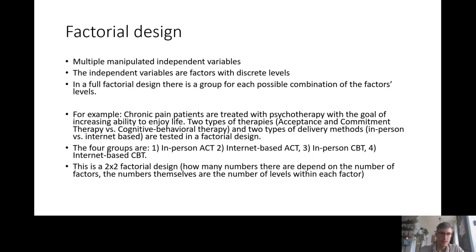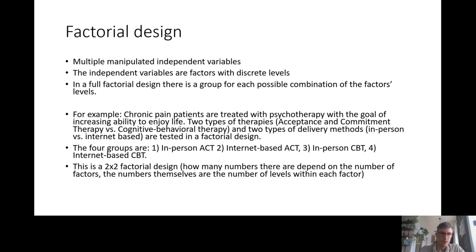And so when you have these multiple factors and each of them has multiple levels, you would create an experiment where you would have a separate group for each possible combination of these factor levels. So let's see an example, and it will become much clearer.